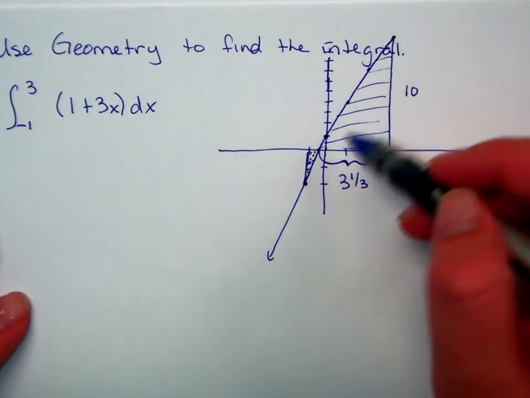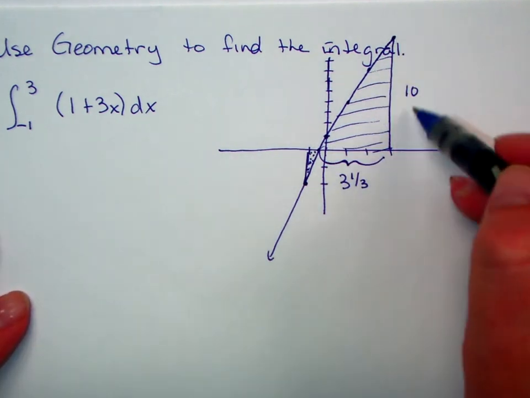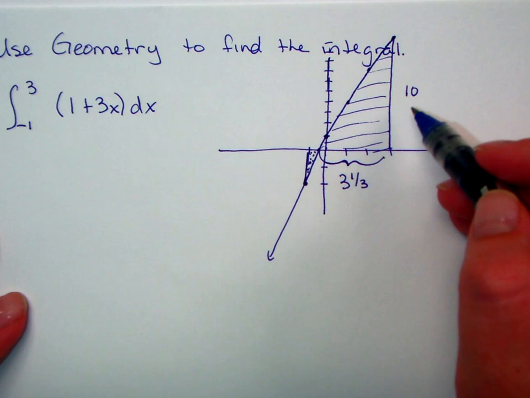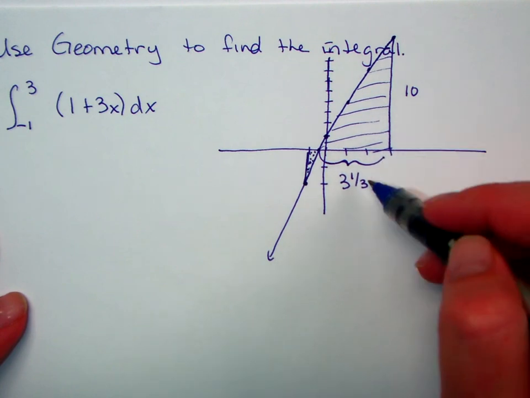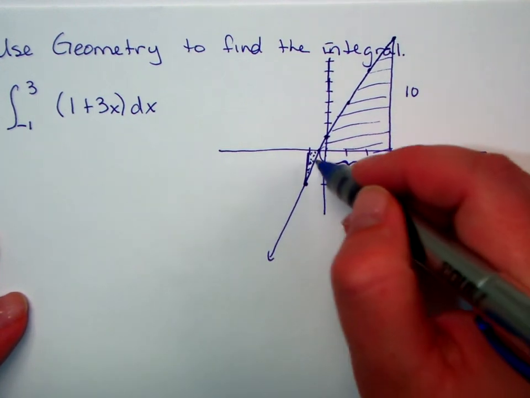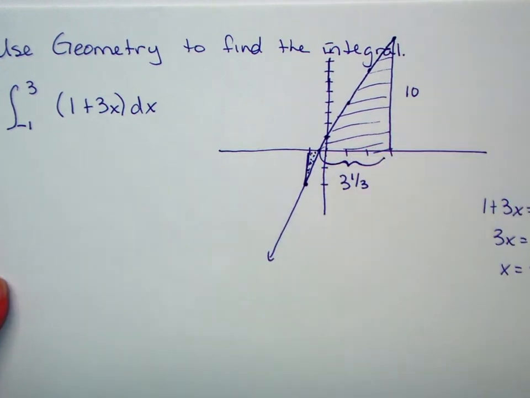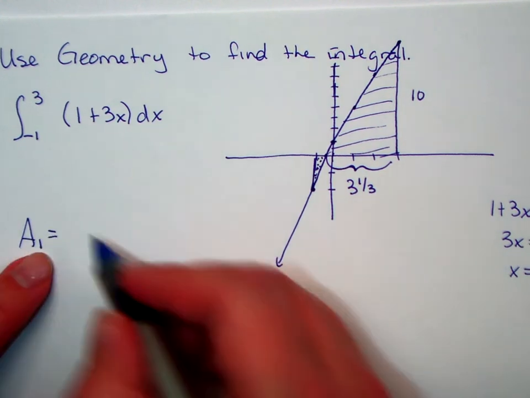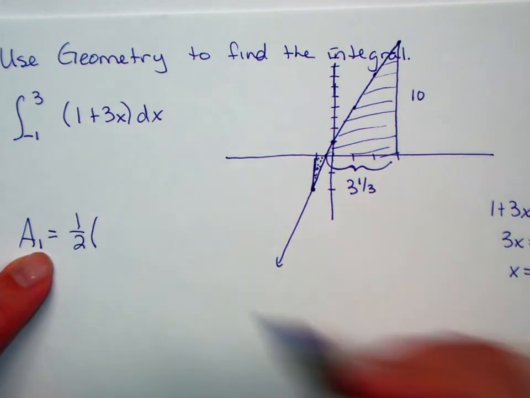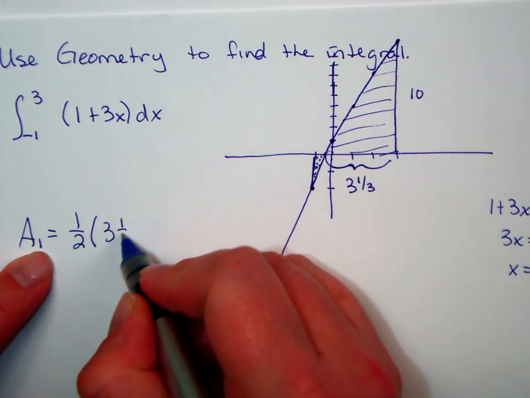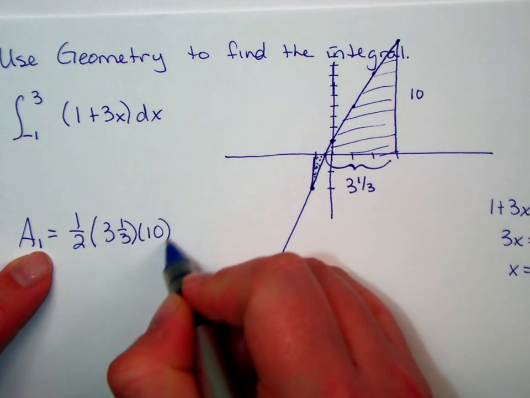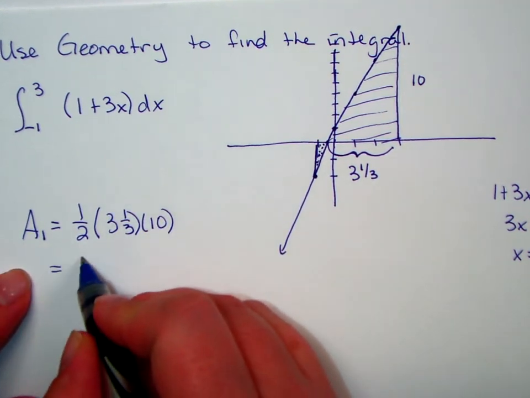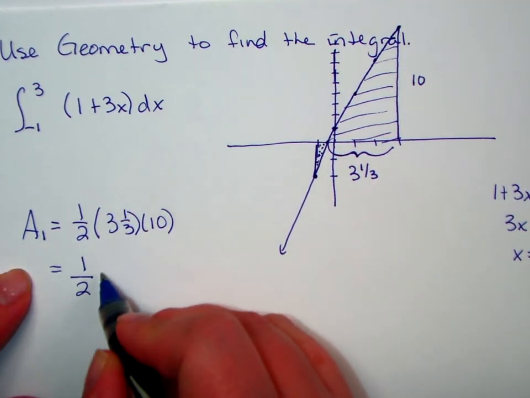So the area of the positive triangle, the area above the x-axis, is going to be 1/2 the base times the height. Let's go ahead and do that. I'm going to call it a sub 1 because that's what I called it before. 1/2 the base times the height. Now, to multiply this out, I probably should change this to a mixed fraction, I'm sorry, an improper fraction.